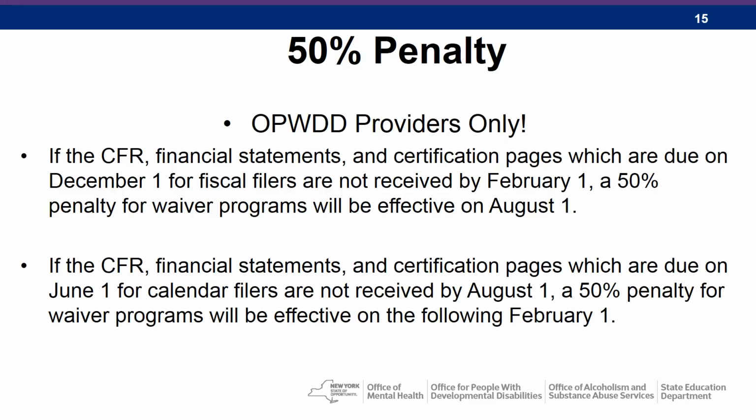This penalty will be effective on August 1st. If the CFR, financial statements, and certification pages, which are due on June 1 for calendar filers, are not received by August 1st, a 50% penalty for waiver programs will be effective on the following February 1st.